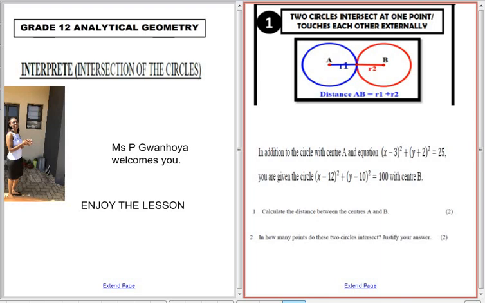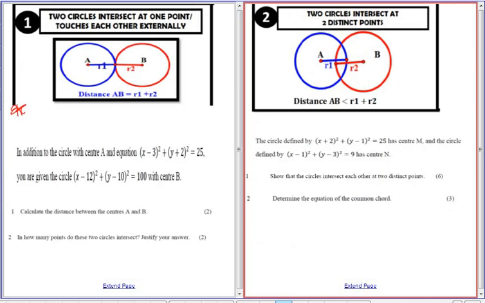I want you to look at this point right here when we have two circles that intersect at one point. Now I want you to look at how the graph looks. Notice if the two circles just touch, they touch at one point.